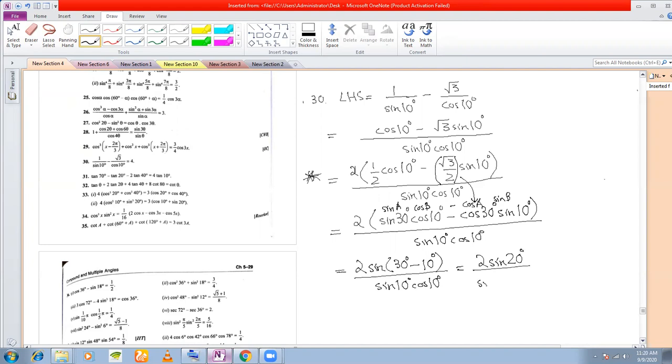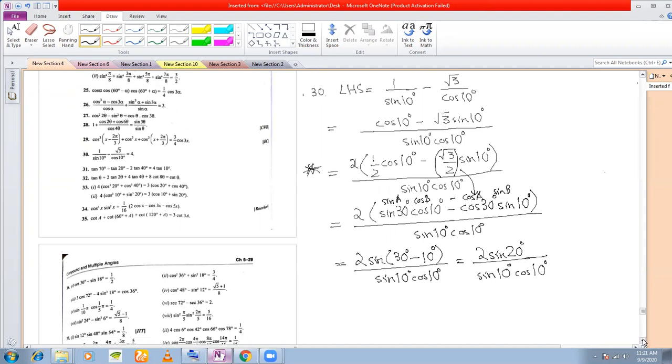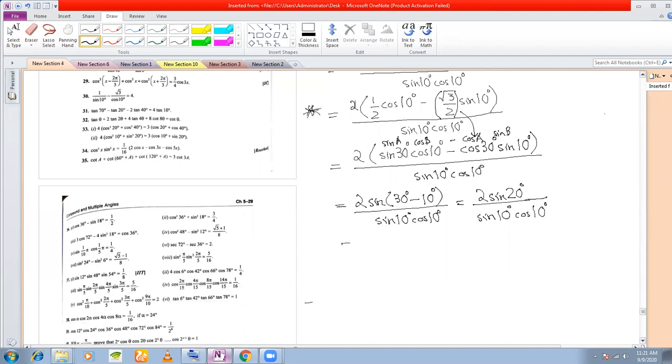divided by sine 10 degree cos 10 degree. Now, 2 sine 20. Sine 20 is what? Double of 10, 2 into 10 degrees, divided by sine 10 degree cos 10 degree.